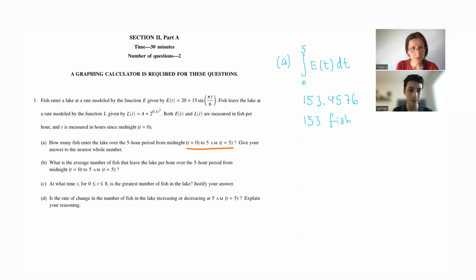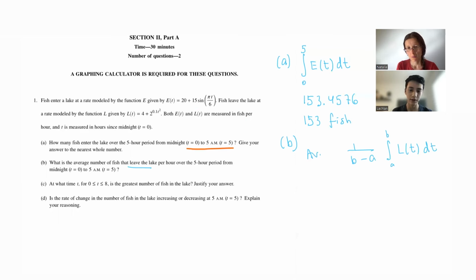Next, part B. What is the average number of fish that leave the lake per hour over the same 5-hour time period? So here we want to use the average value formula, which is 1 over b minus a times the integral from a to b of the function f of x dx. So right now we're looking at the period between t equals 0 and t equals 5.